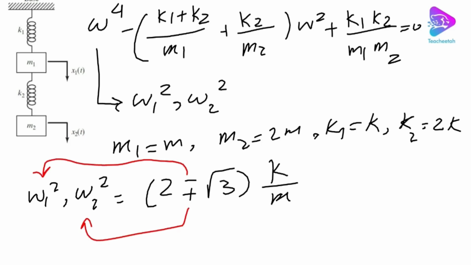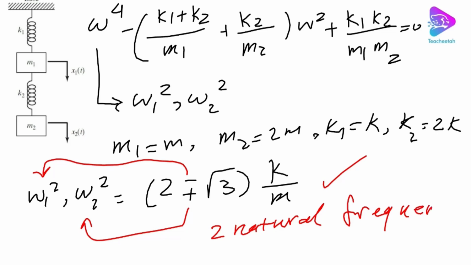As you remember, we ordered them in a way that the smallest one is omega 1, and from that we can find the two natural frequencies. So we have two natural frequencies, right?